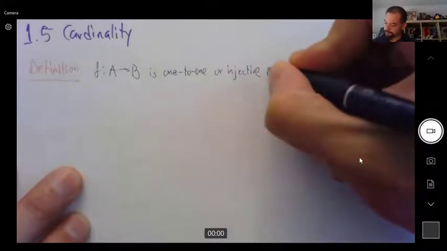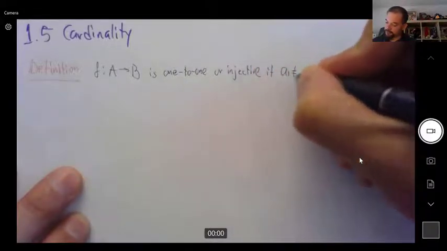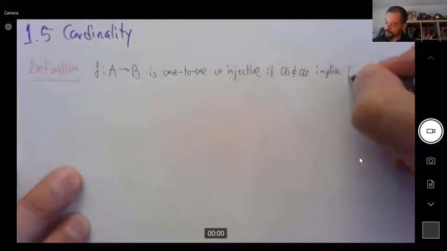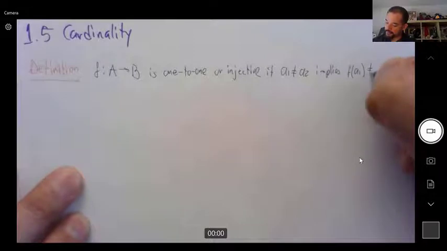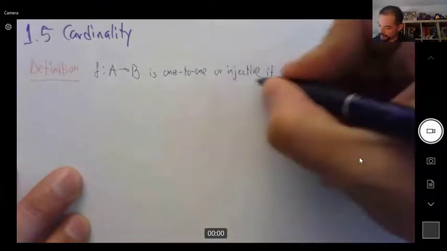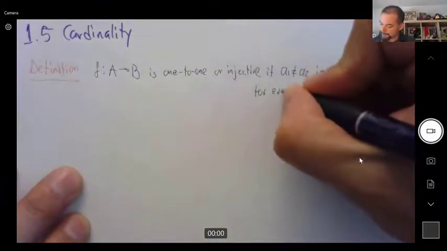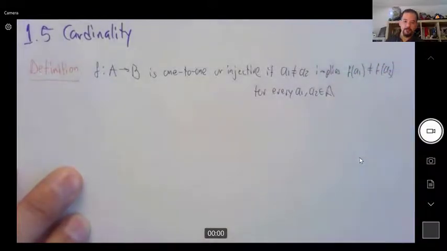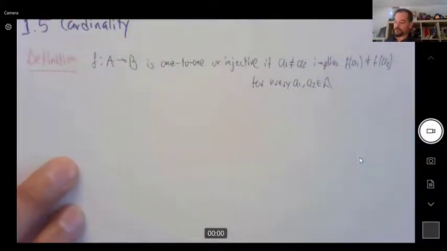If A1 different from A2 implies f of A1 different from f of A2. And this is for every A1 and A2 in A. That's the definition of an injective function or a one-to-one function.